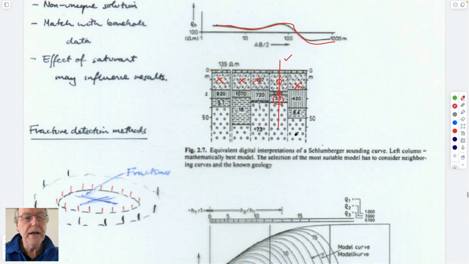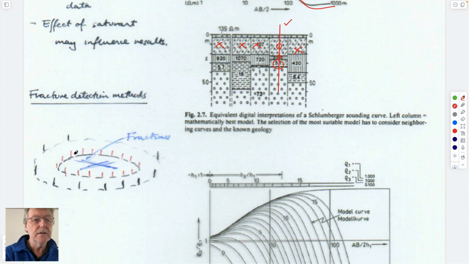And so you could imagine setting up an inner electrode and an inner electrode, and outer electrodes and outer electrodes. So this would just be one section across this. The two inner electrodes for measuring voltage, the two outer ones for putting current into the ground, and do a profile for that.